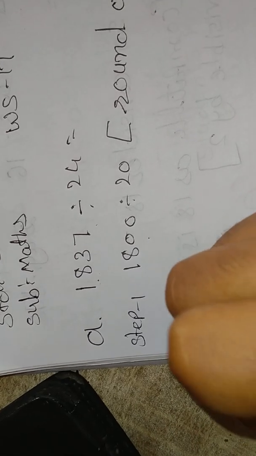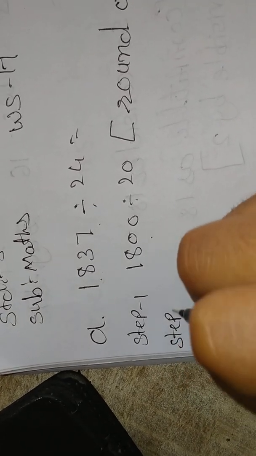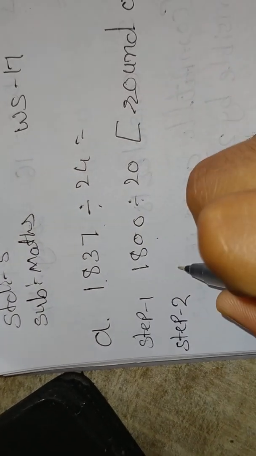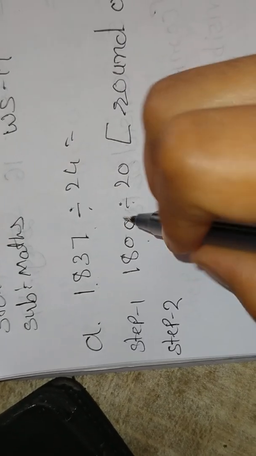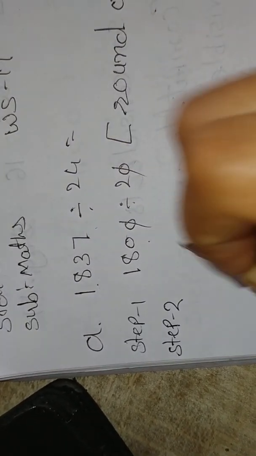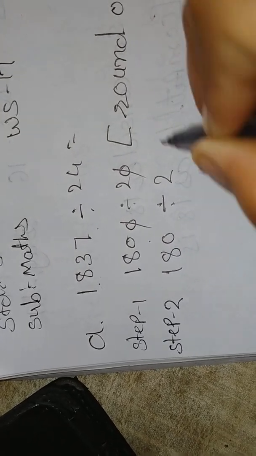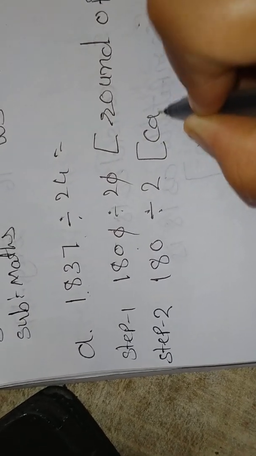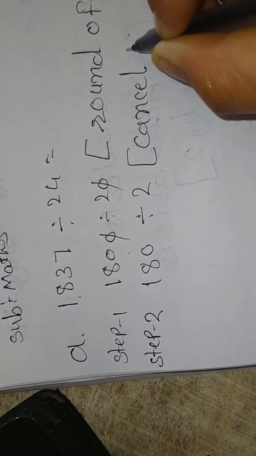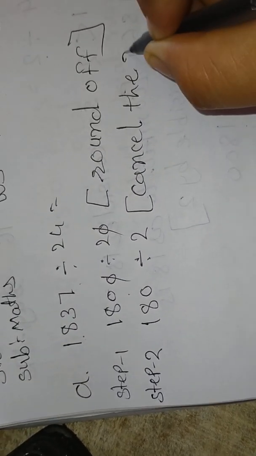Then step number 2, we have to cut the 0, cancel the 0 like this. So step number 2, 1800 divided by 2, and in a bracket we have to write cancel the zeros.